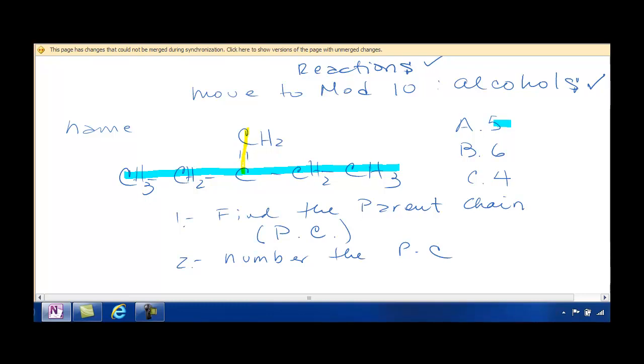No. The parent chain must be the longest continuous, not branched. Branched is not acceptable. So the longest continuous chain is what I want.